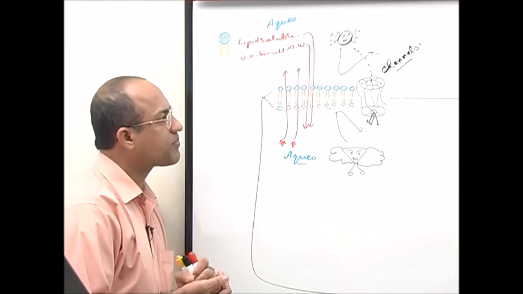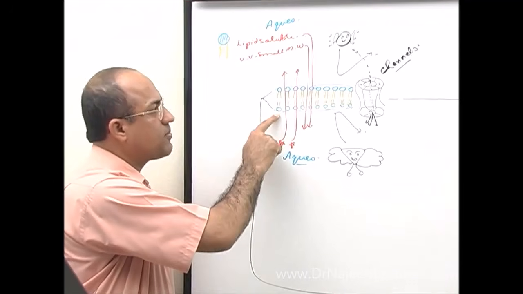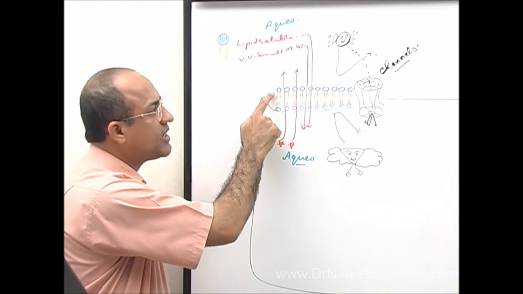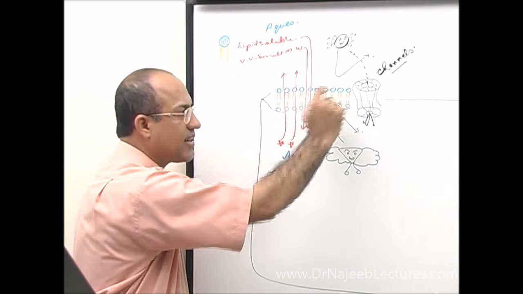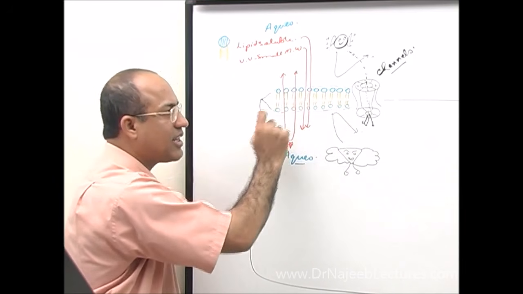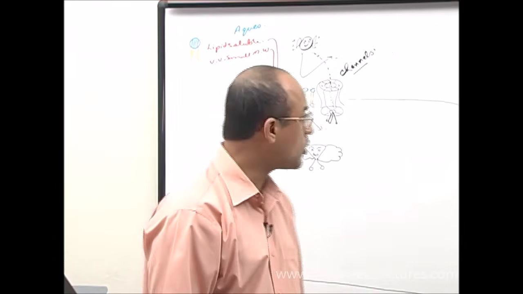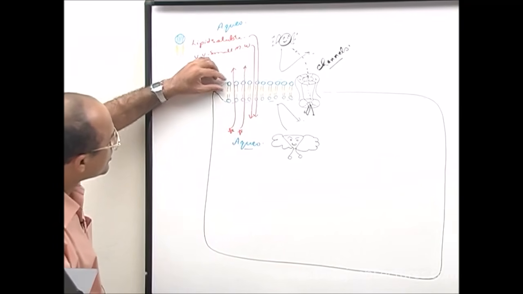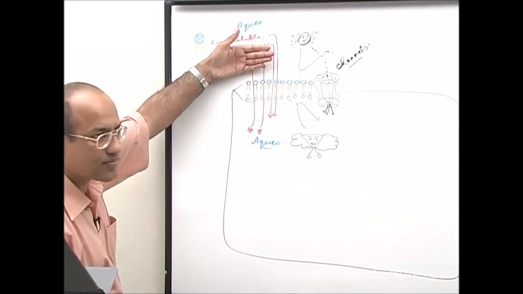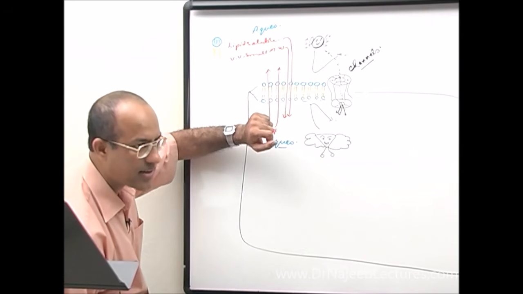Another thing, the types of fatty acids and phospholipids which are in the outer leaflet and which are in the inner leaflet are not identical. I will go to the proteins in detail later. Again, listen. This is the outer leaflet of the cell membrane and this is the inner leaflet of the cell membrane.